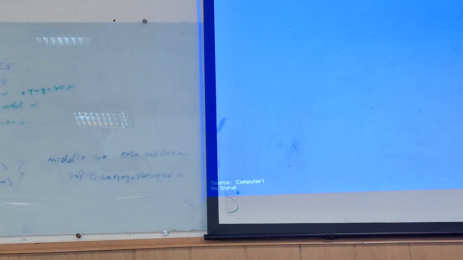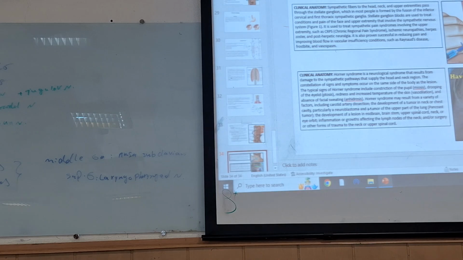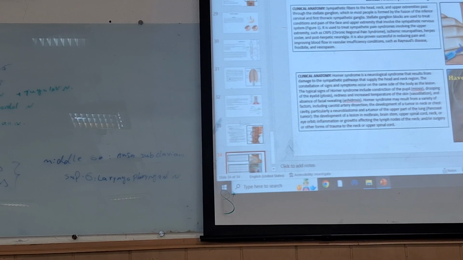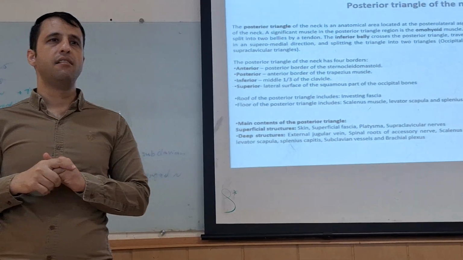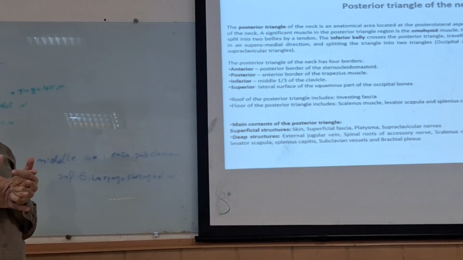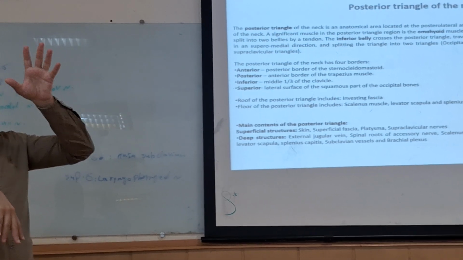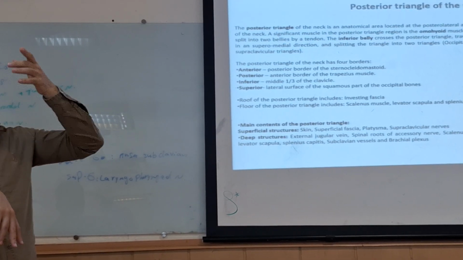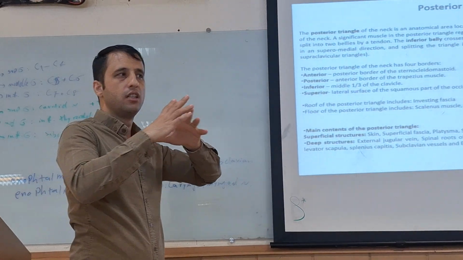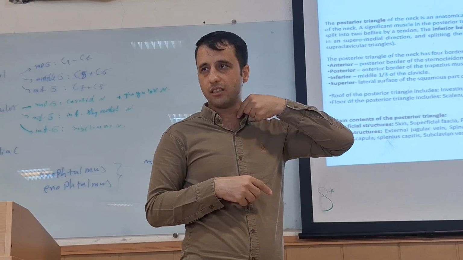Go to the posterior triangle. Then we have a brief review of the posterior triangle and its border. You know that the lateral area is the area which is created by the SCM and the posterior triangle.